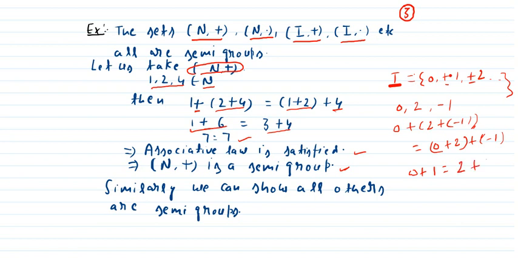This implies associative law is also satisfied for the set of integers with respect to addition, hence I plus is also a semigroup.